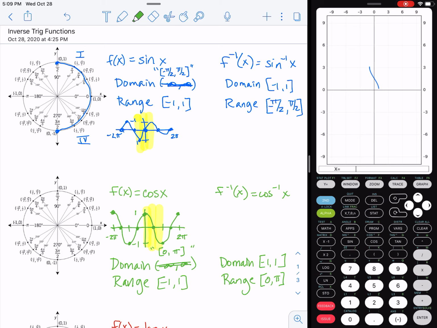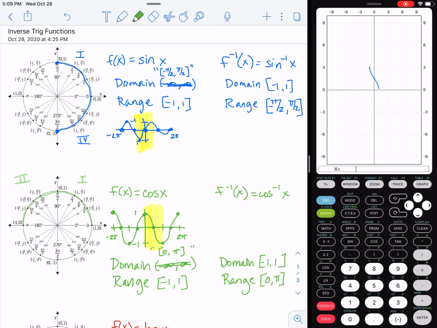Well, if the output goes from 0 to pi, it's going to be from 0 to pi, and it's restricted to quadrant 1 and quadrant 2.